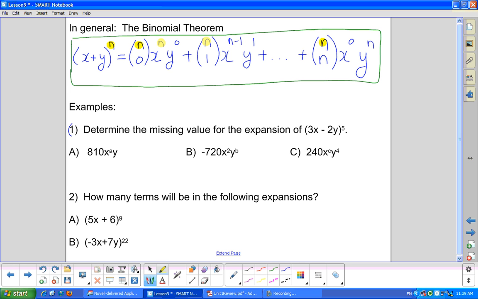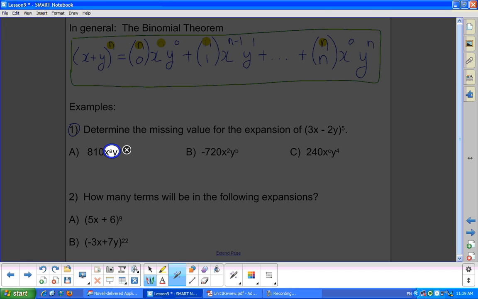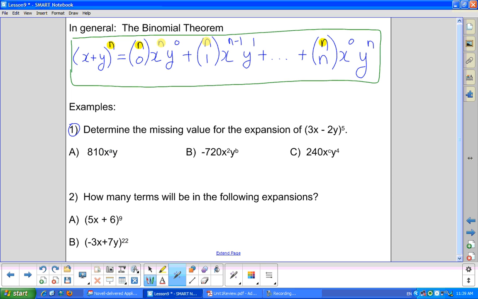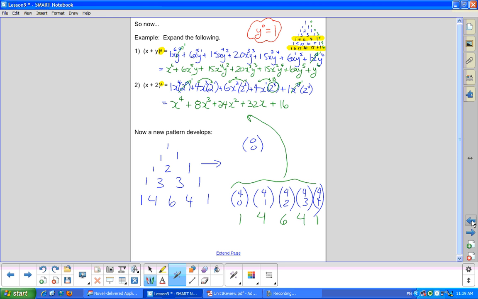So I'm looking at number 1 here. Determine the missing value for the expression of 3x minus 2y to the 5th. So if you look at the first one here, we are missing the exponent on the x. Now remember what I said from the previous example, and if you look at the previous one here as well, we'll see that the exponents, when you're dealing with variables, always add up to the original.